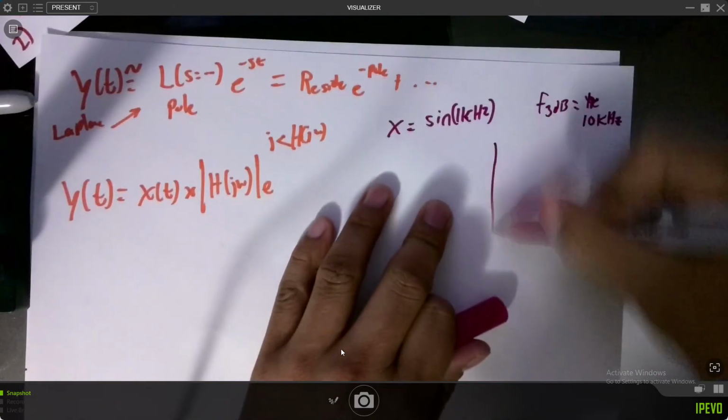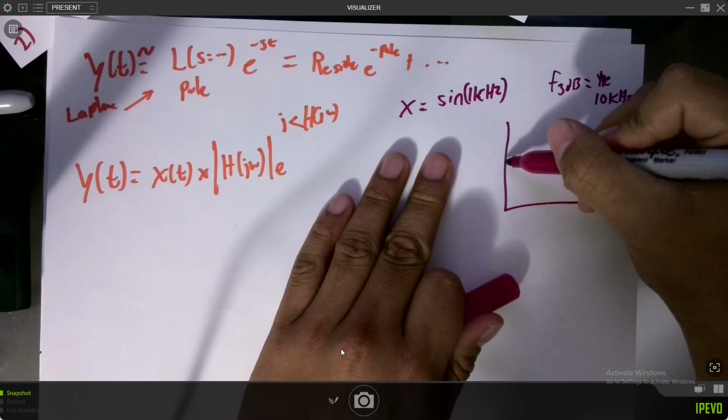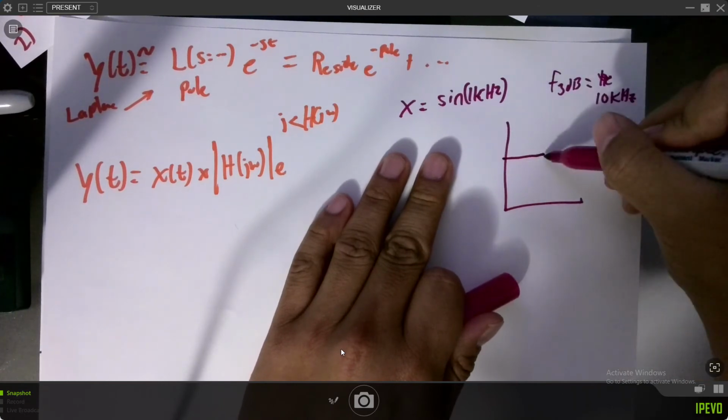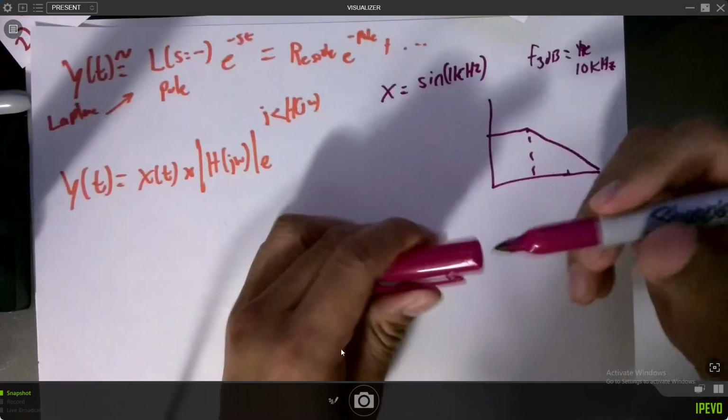So we're literally doing an RC circuit, so you already know what this is going to look like. So we're going to have some gain, and then we're going to have our thing right here, and it's going to go down to whatever value it has to be.